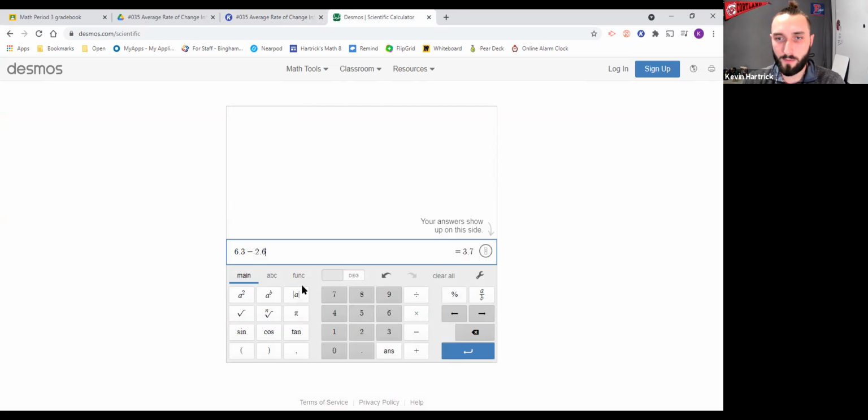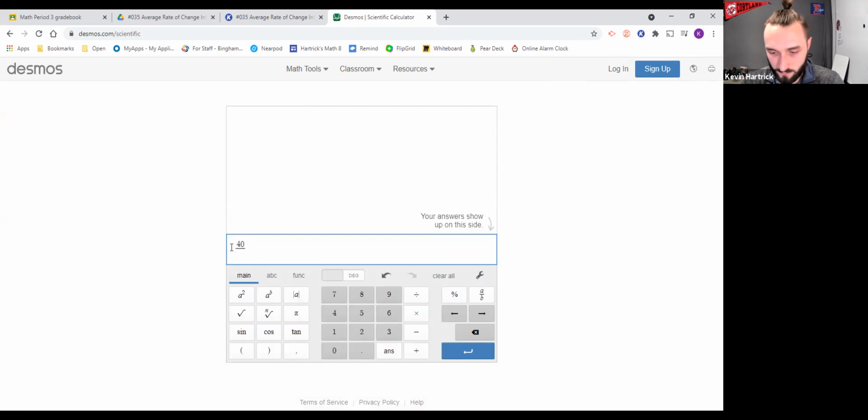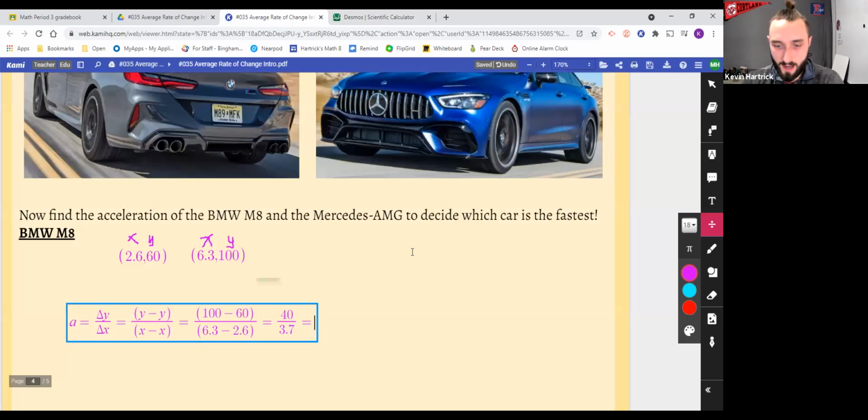So 40 divided by 3.7 gives me this number, and again, I'm going to round if I need to. So I'm looking at the thousandths place, is the 0, so that just tells me to stay, right? So 10.81 is my acceleration for the BMW.